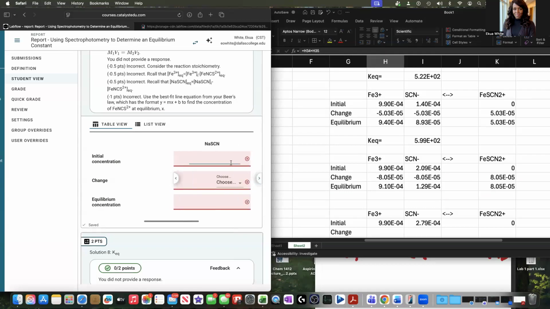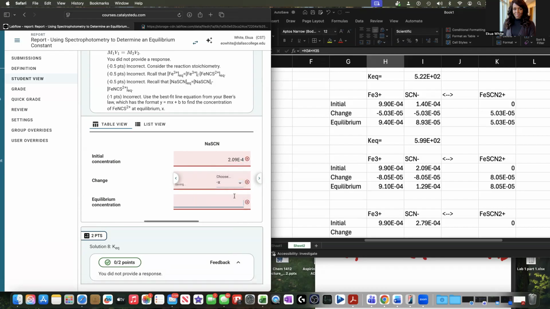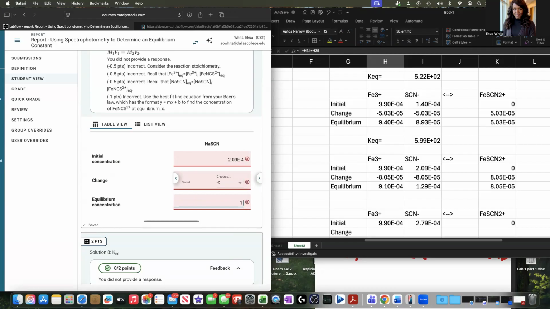Then on this one here, we have 2.09 exponent -4. This is also minus x. And our product here should be 1.29 exponent -4.